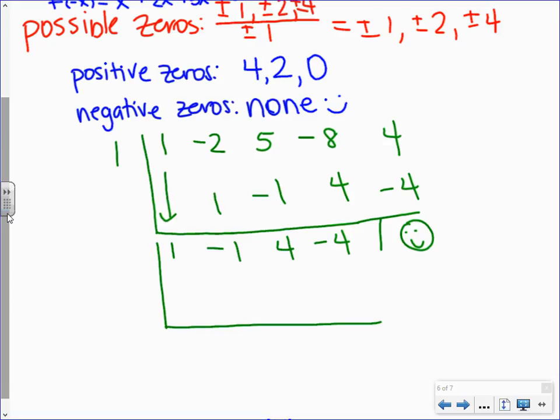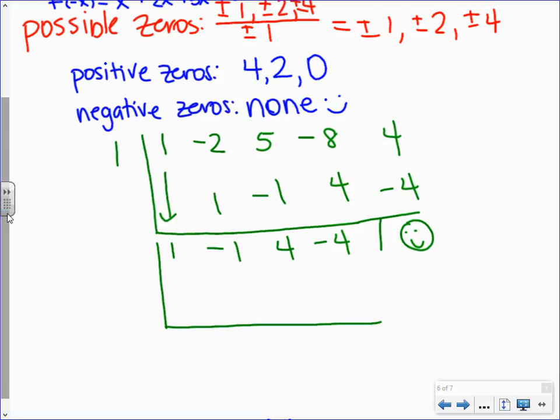So just because you get a zero that works doesn't mean you can cross it off your list. Well, this is positive. So we can either do synthetic division again, or we can factor.